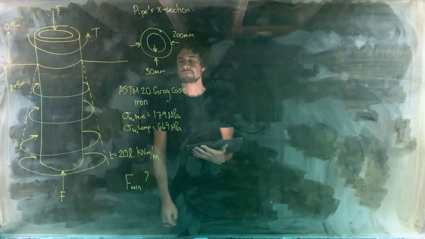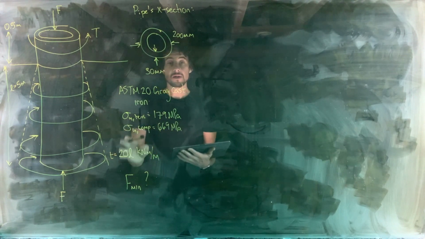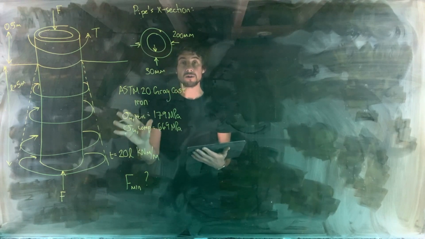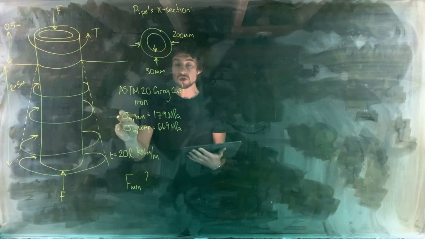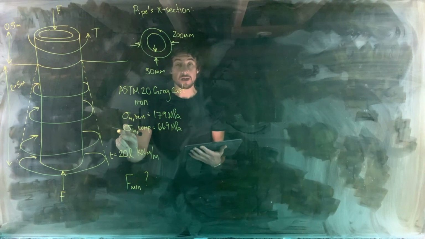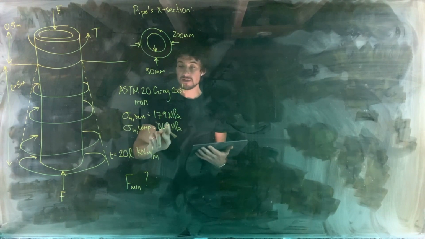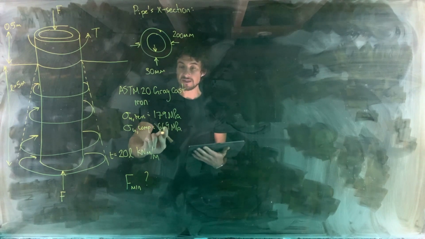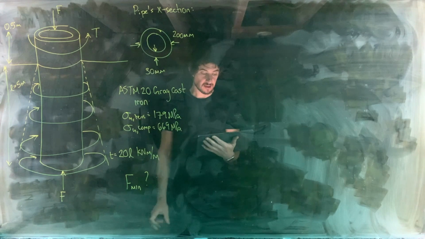Okay. No yield stress here because cast iron is a brittle material, so it doesn't yield. So we've got two ultimate stresses, one for tension, one for compression. Like most brittle materials, compressive strength significantly greater than tensile strength.